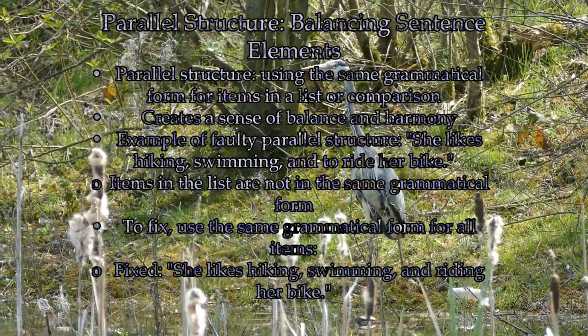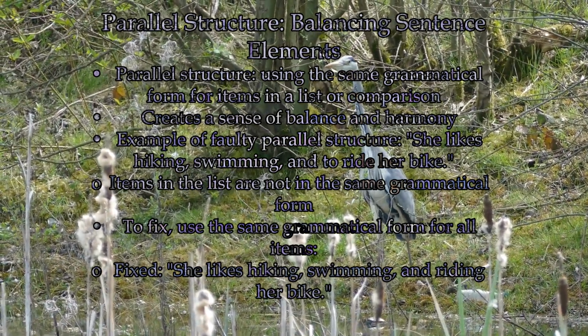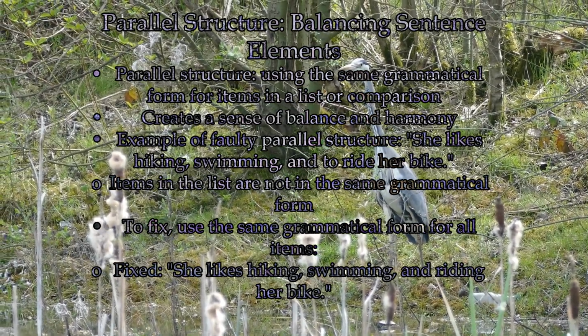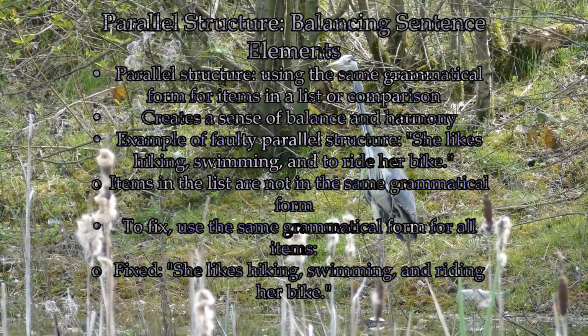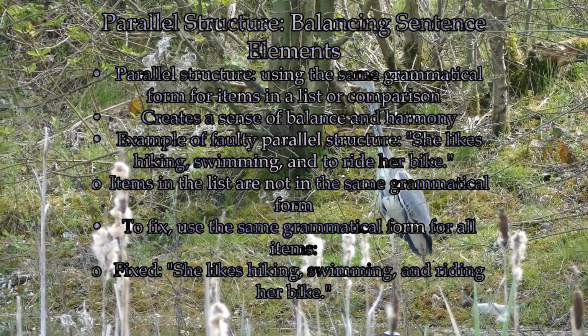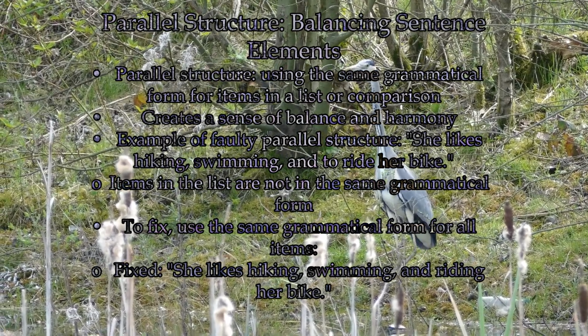Part 6. Parallel structure. Balancing sentence elements. Picture a set of scales, with each side perfectly balanced. This is the essence of parallel structure in sentences, using the same grammatical form for items in a list or comparison to create a sense of balance and harmony.